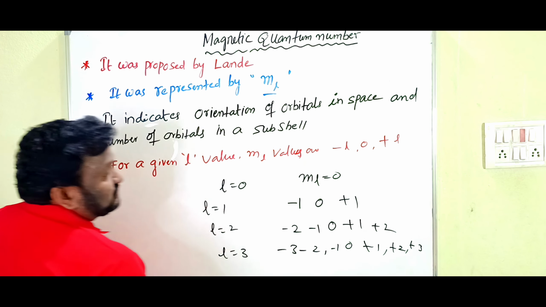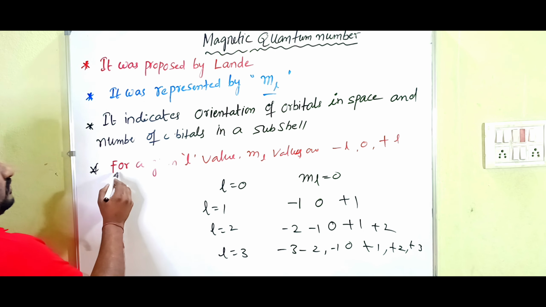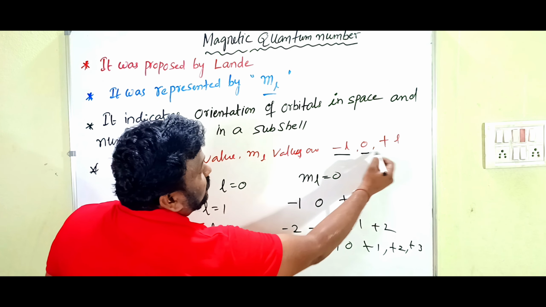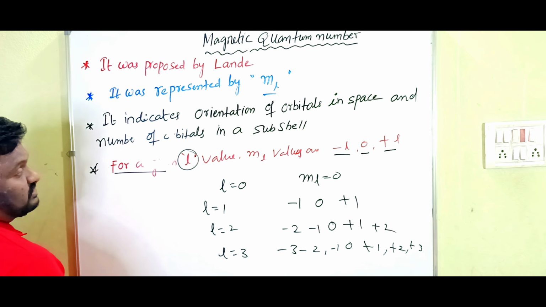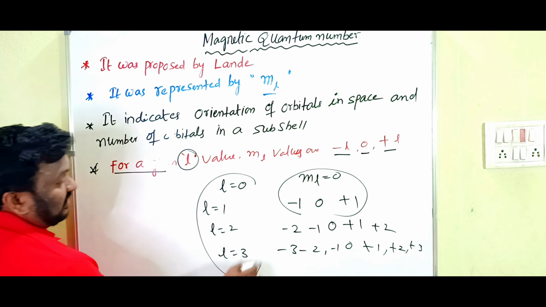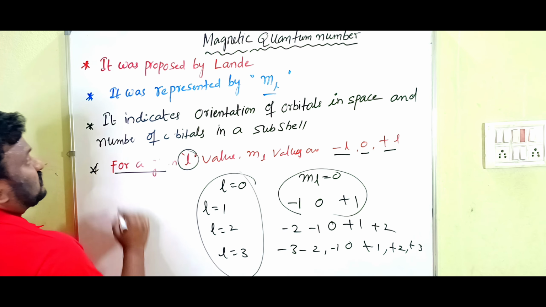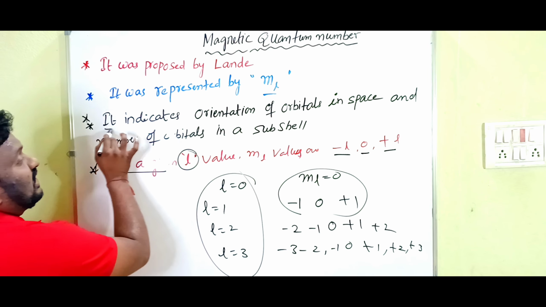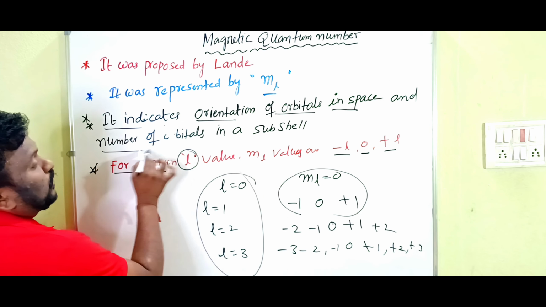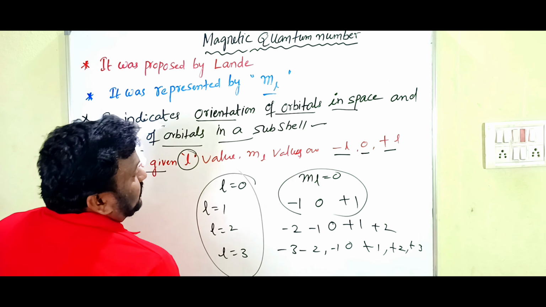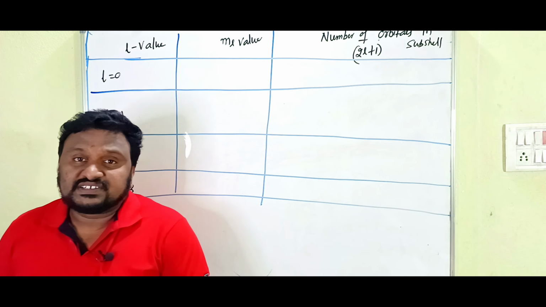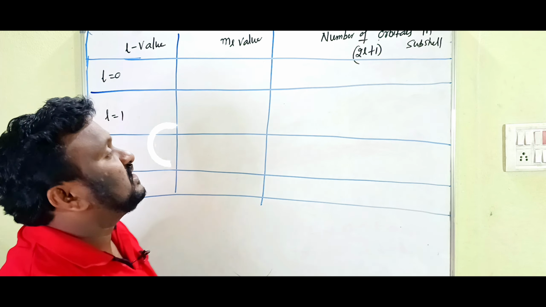So for a given value of l, the m_l values are minus l through 0 to plus l. Clear children? In this way we can write the m_l values for each l value. This is the point you have to remember: it indicates the orientation of orbitals in space and the number of orbitals in a subshell. Now we will check how many orbitals are in a subshell using this relation.